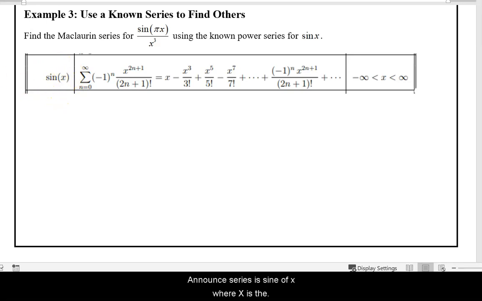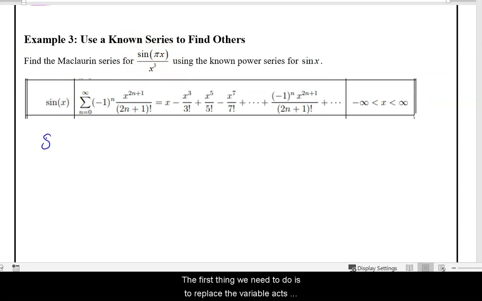The known series is sine of x, where x is the argument. In the unknown series, our argument to the sine function is pi times x. The first thing we need to do is to replace the variable x in the formula for the known series with pi times x.